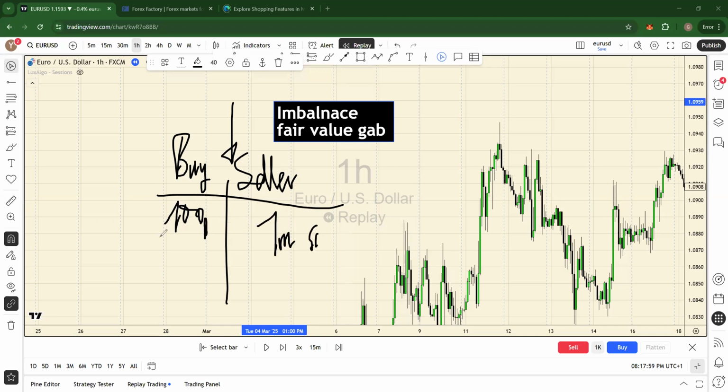So in this situation, the buying pressure, the buying volume, which is demand, is actually far more than the supply or the selling volume. When this happens, it causes an imbalance in the market.